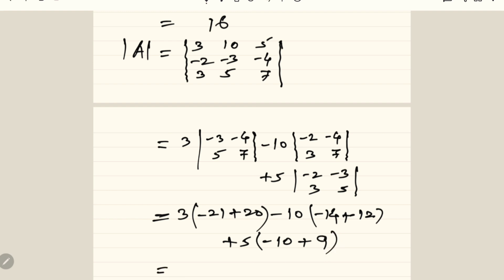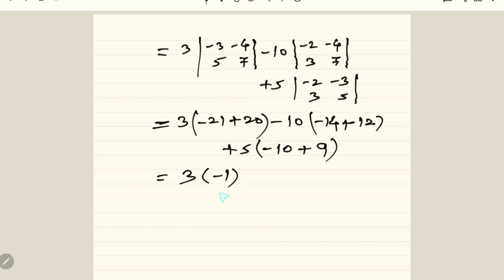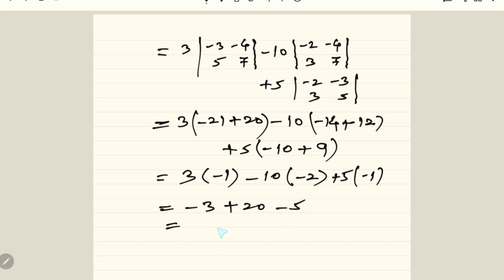Therefore simplifying it, 3 into -1, minus 10 into -2 and plus 5 into -1. Further simplification: -3 plus 20 and minus 5, 20 minus 8, we get the value as 12.